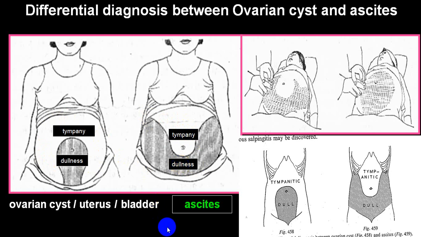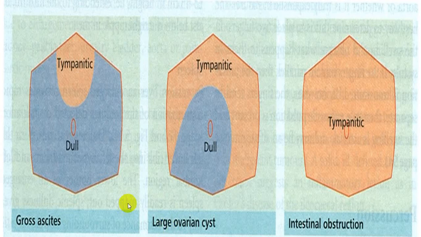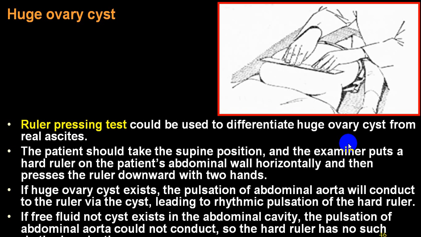This is one of the easy ways to differentiate between a pelvic organ enlargement like an ovarian tumor or uterus, or a retention of bladder. So this is classical of gross ascites: horseshoe shaped dullness, center part tympanic. In case of an ovarian cyst, you will see a dullness of a structure arising from the pelvis, and in case of intestinal obstruction, you will get the entire abdomen tympanic.